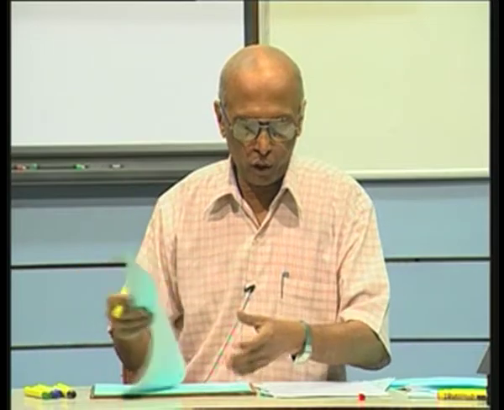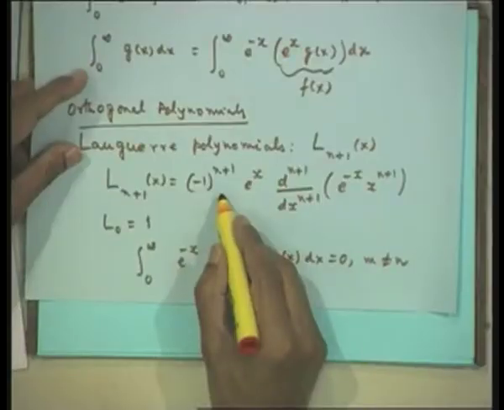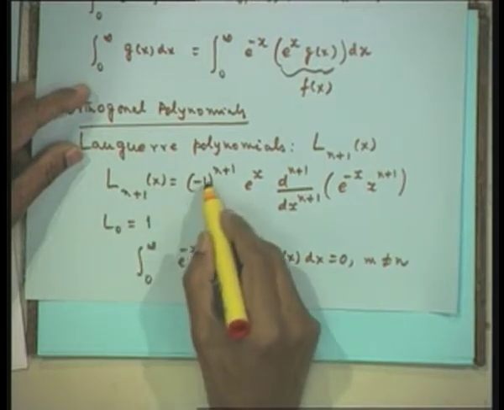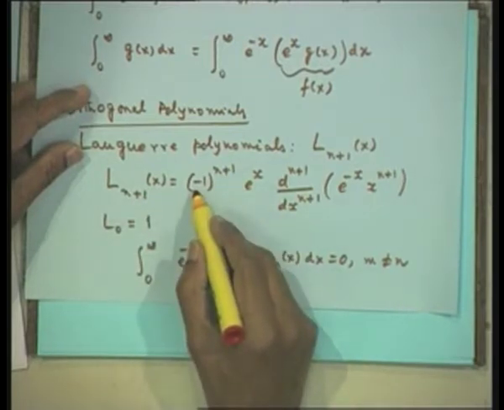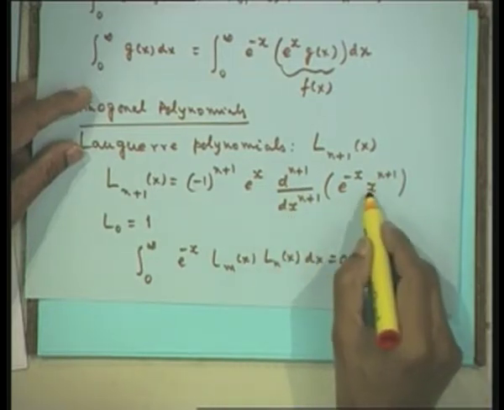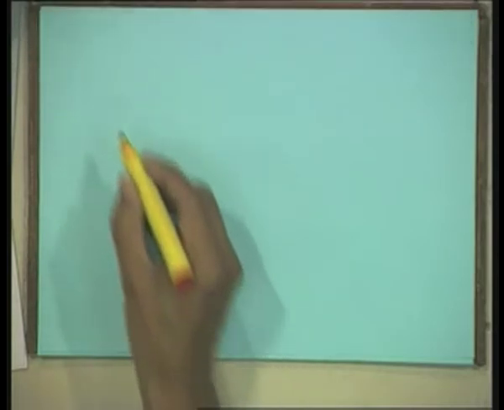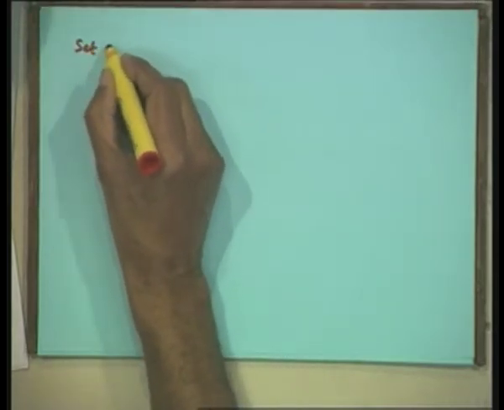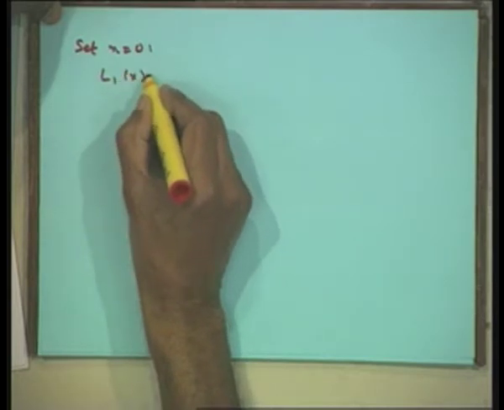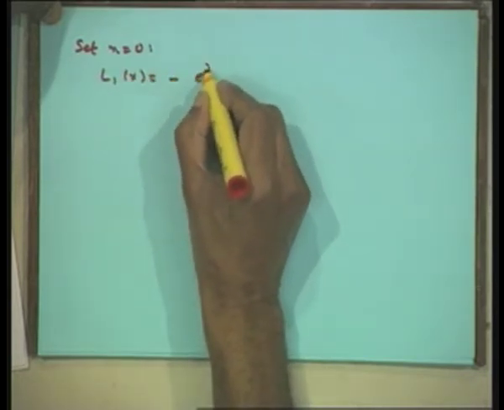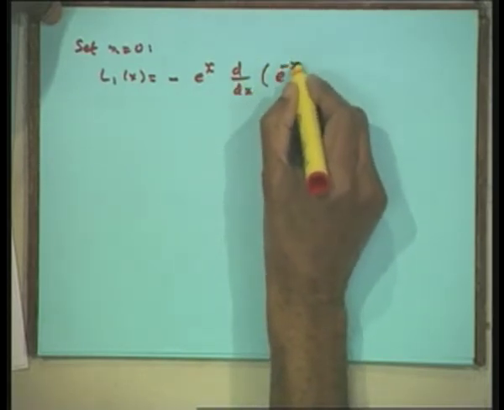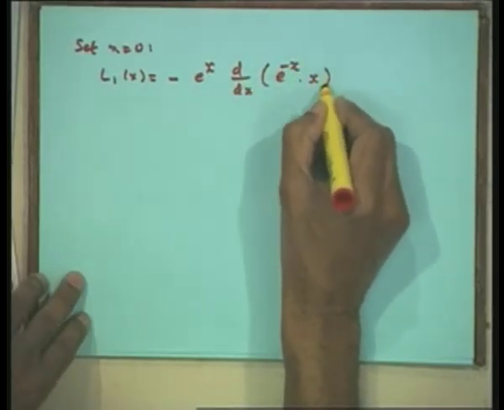Now, set n equal to 0 in this equation. Then we get L1, minus 1 to the power of 1, therefore a negative sign; n is 0, therefore it is a first derivative, and I will have x here. Then I will have L1 of x equal to minus exponential of x, d by dx of exponential of minus x into x.